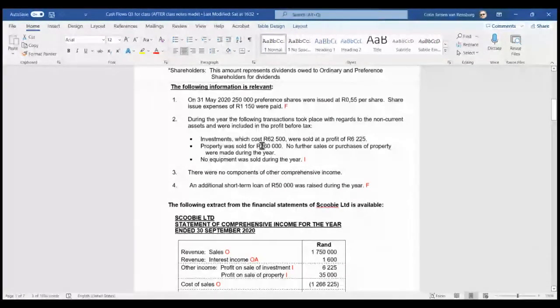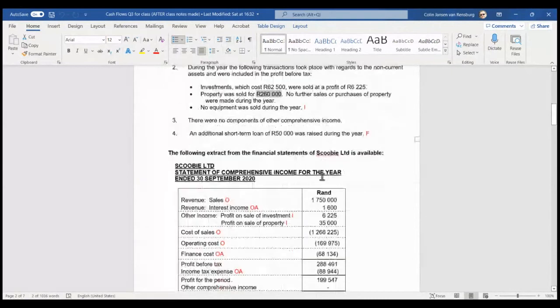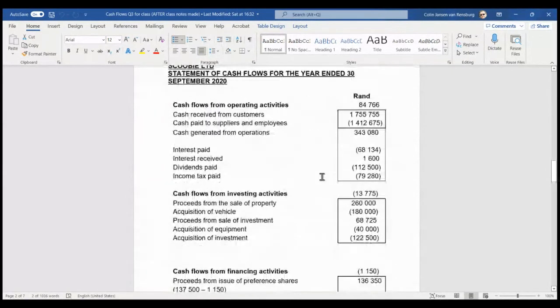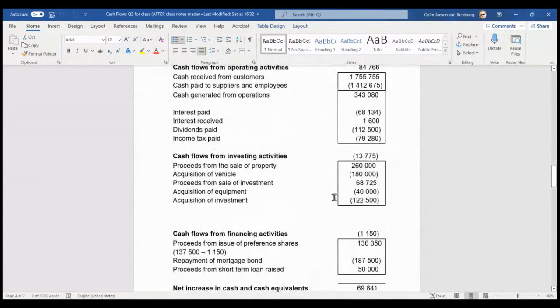So let us now, just initially, because we know that the proceeds have been given, take our figure of 260,000 to the face of our statement of cash flows, and there we are under our investing activities. We describe it exactly as such, proceeds from the sale, or I prefer normally to say the proceeds on the disposal of property, so that it doesn't get confused with sales of inventory, for instance, right?